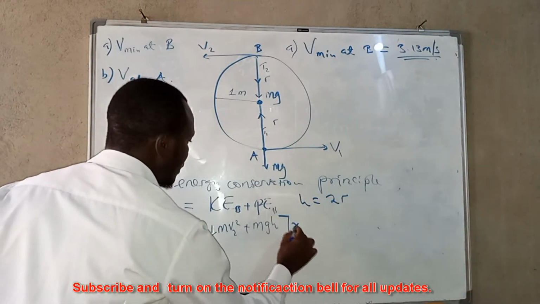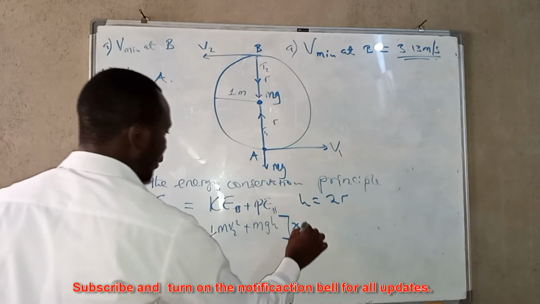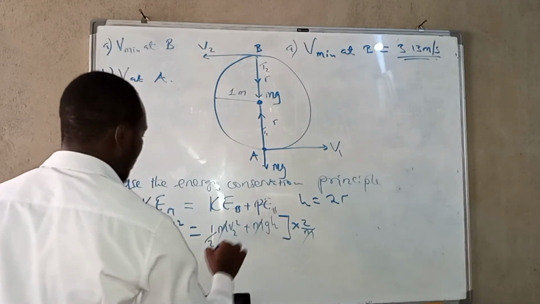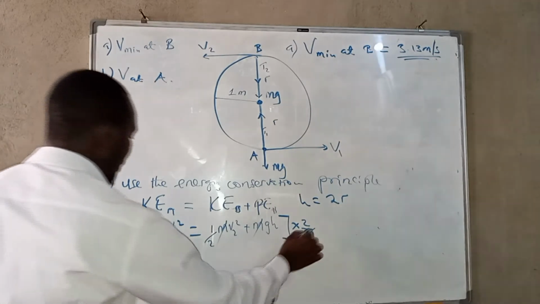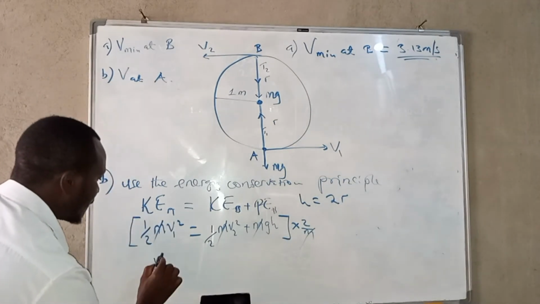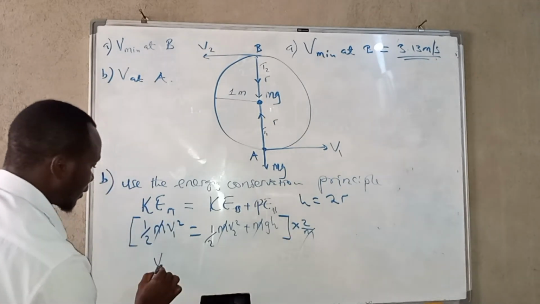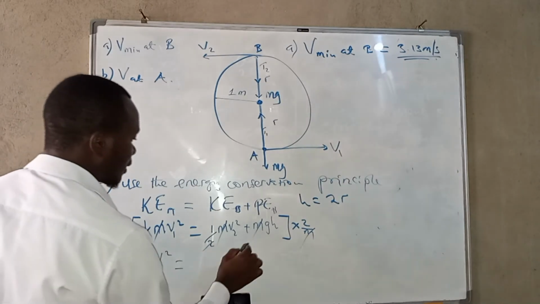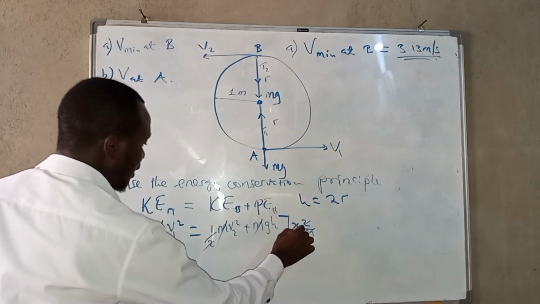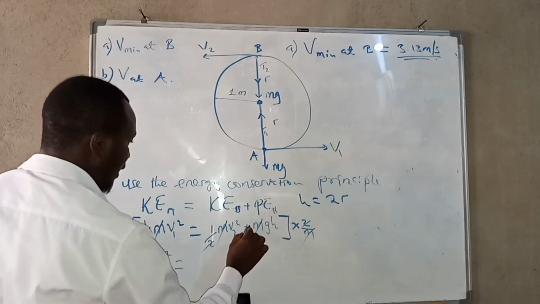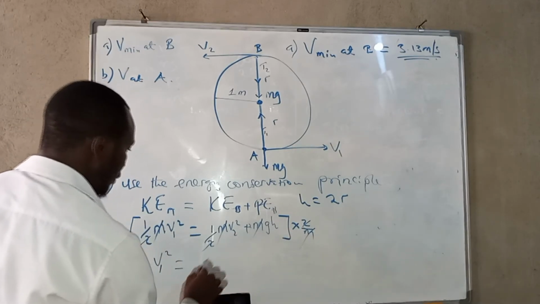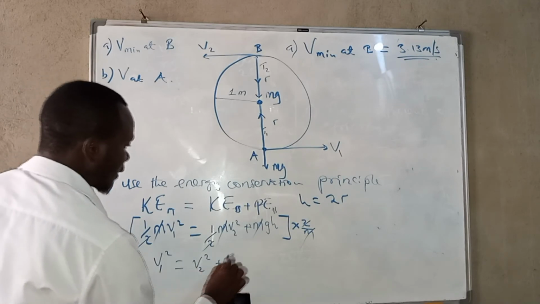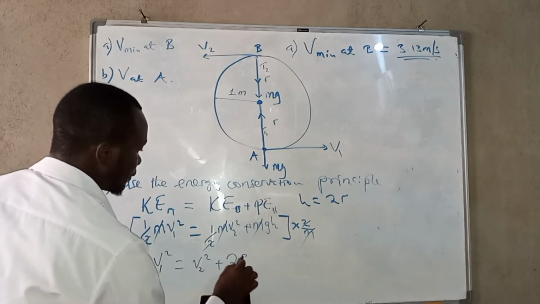Let us multiply by 2 and divide by m, so that we cancel the m's. Then here we have v1 squared is equal to v2 squared plus 2gh.